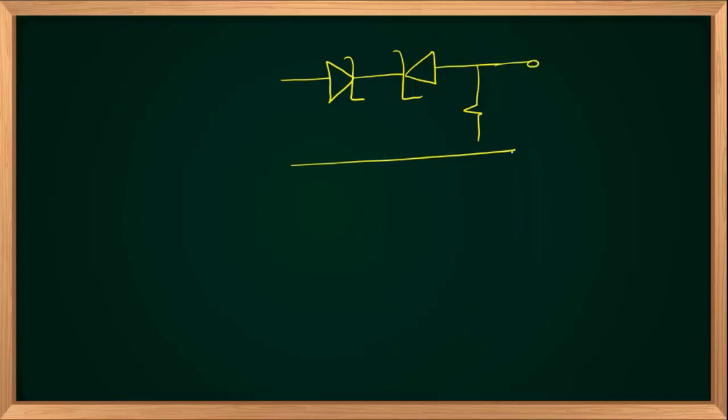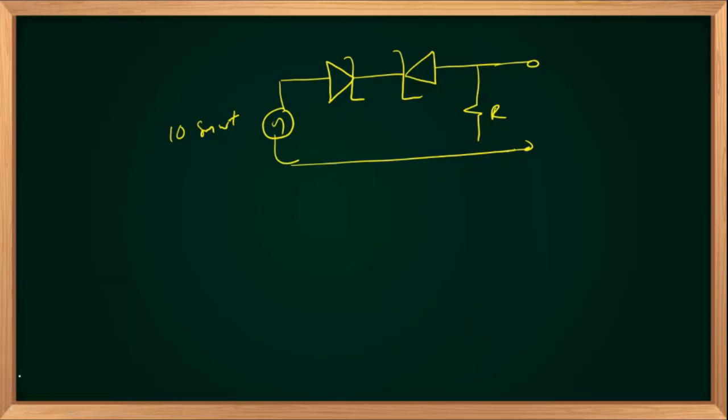Now, to understand the properties of Zener diodes better, let us place two Zener diodes like this along with the resistor. Again, my input is, let us assume, 10 sine omega t.